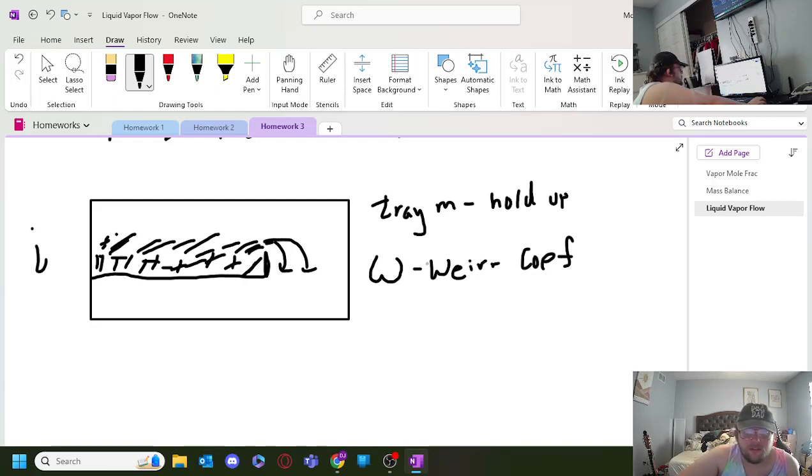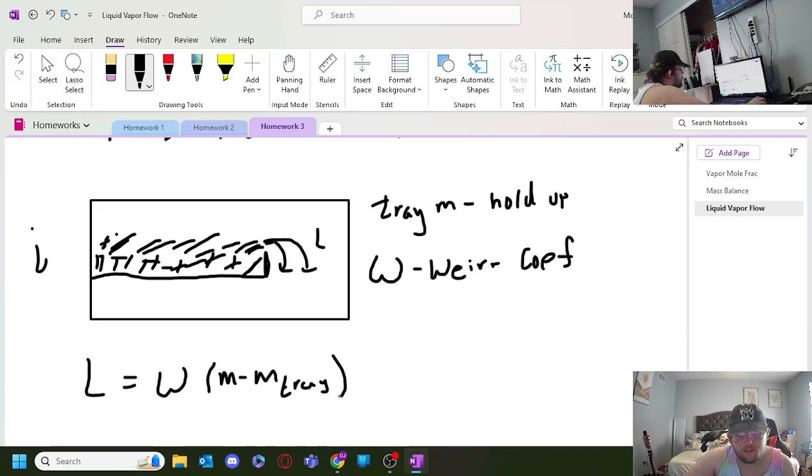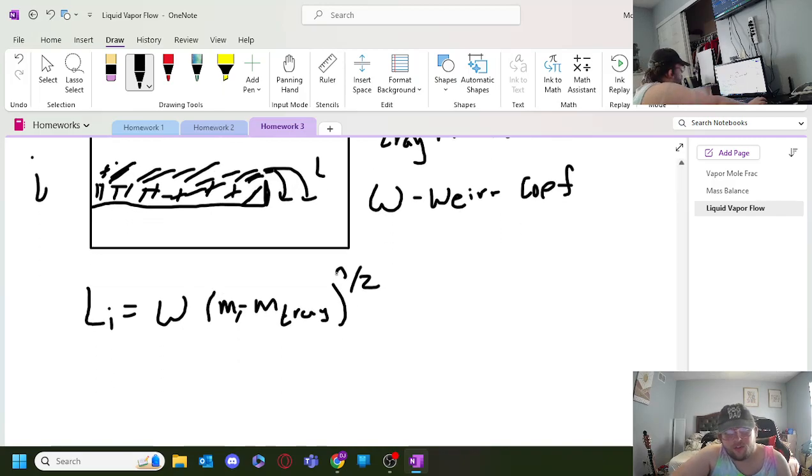And then the formula for that is this amount of liquid flow is equal to that weir coefficient multiplied by the mass in this stage subtracted by the holdup, and that's raised to the 3/2 power. Component I, and then all our trays are going to have the same holdup.